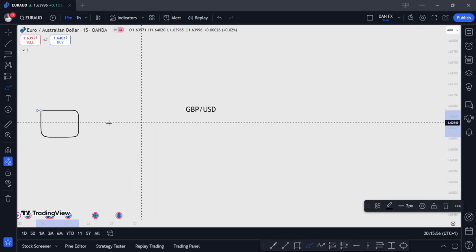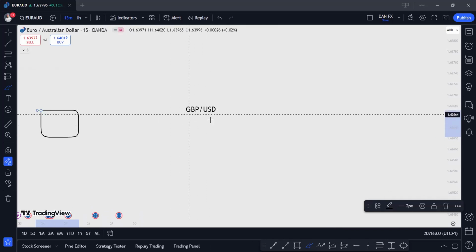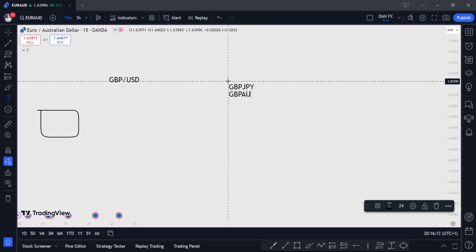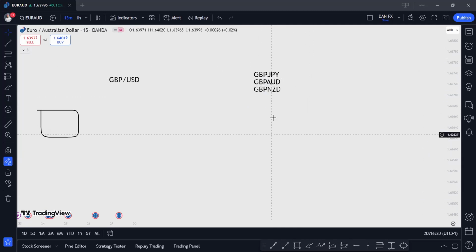We have three sessions: Asian, London, and New York. What they do is, we have other currency pairs like GBP JPY. We also have GBP AUD, and we also have GBP NZD. Right, so we have these currency pairs here.